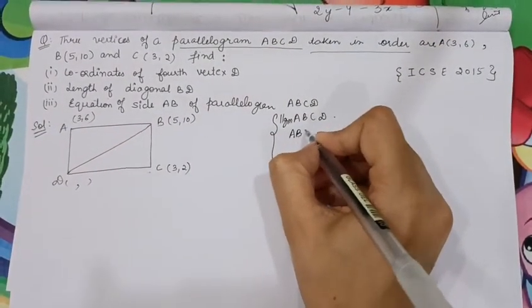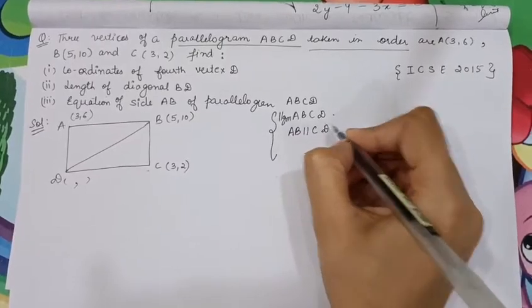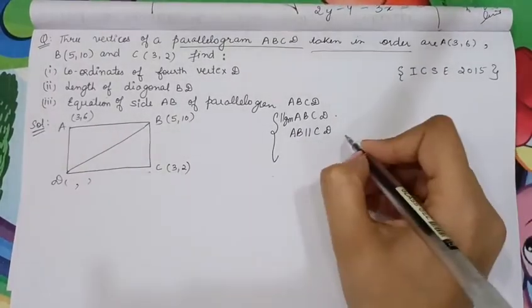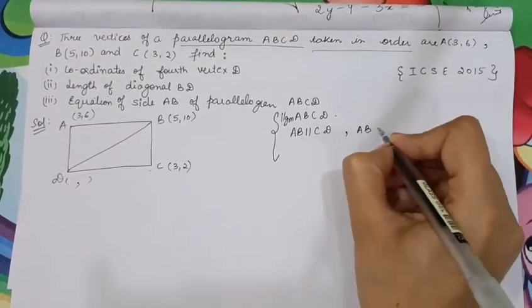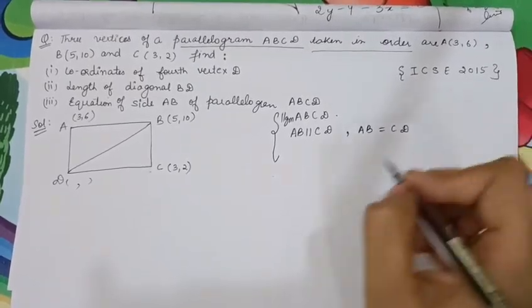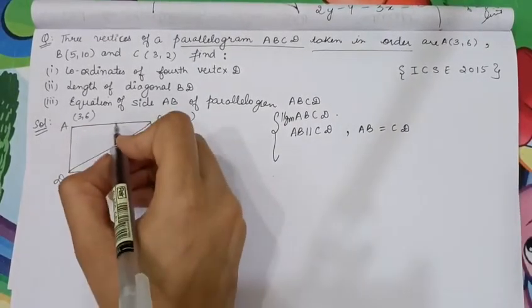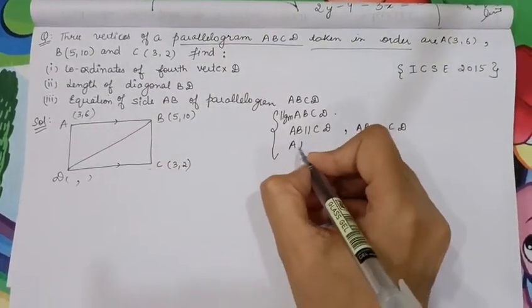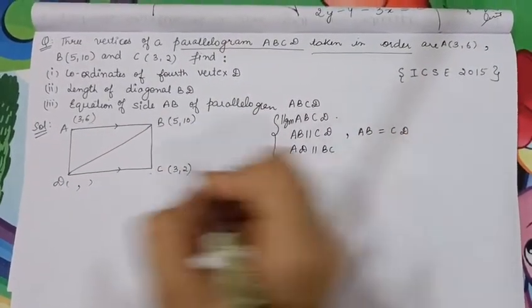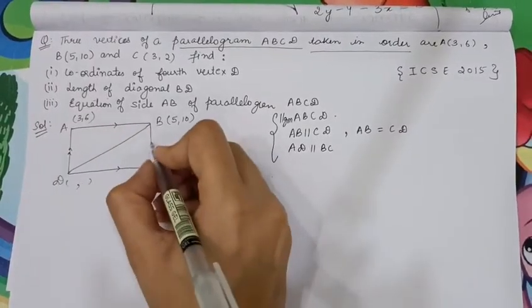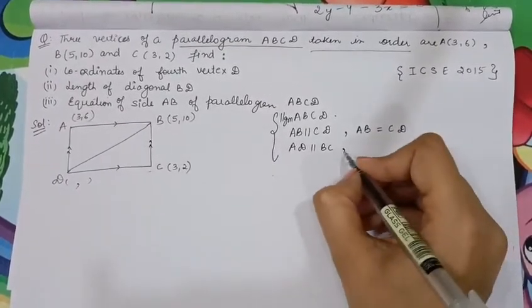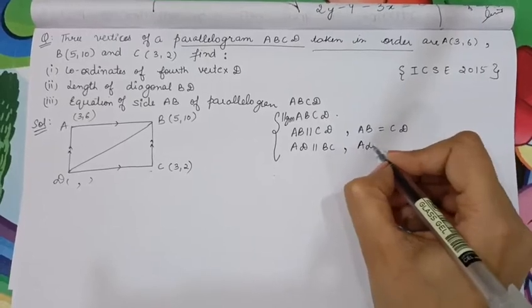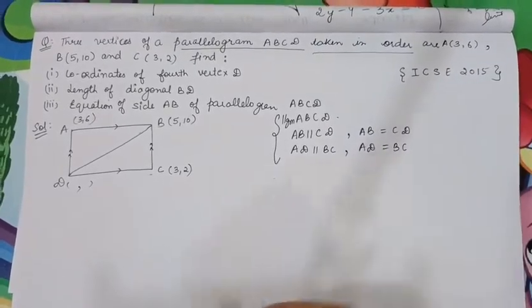So AB is parallel to CD, and they are also equal to each other, that means AB is equal to CD. AD is parallel to BC. So opposite sides are parallel as well as equal to each other. So AD is equal to BC.